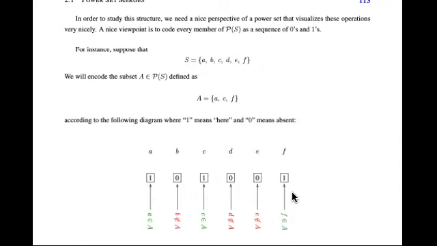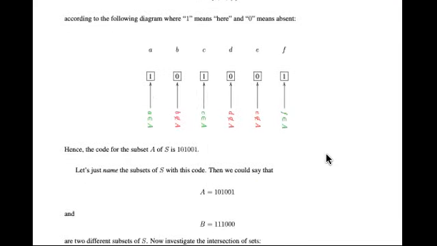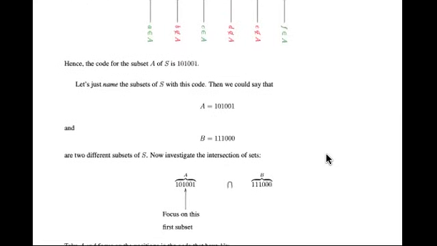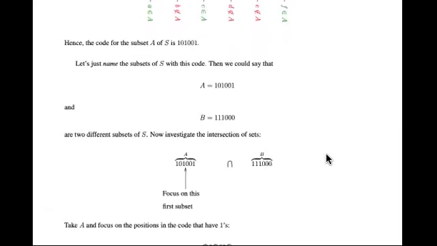And what does this code represent? This code represents a subset of S. So we're going to be thinking of subsets as binary strings of ones and zeros. If a set has 1, 2, 3, 4, 5, 6, so 6 elements, then the strings will be 6 long.